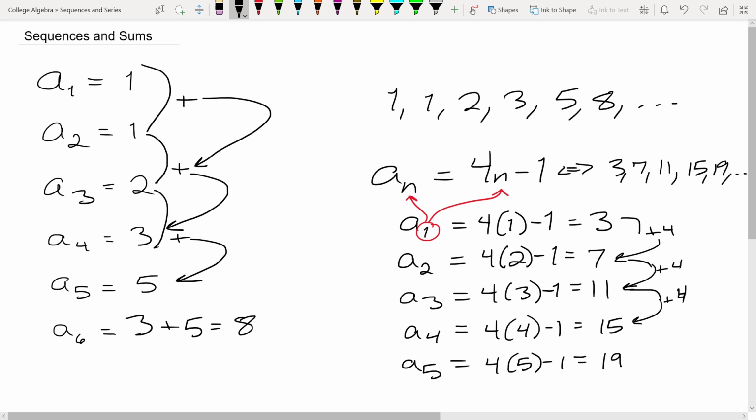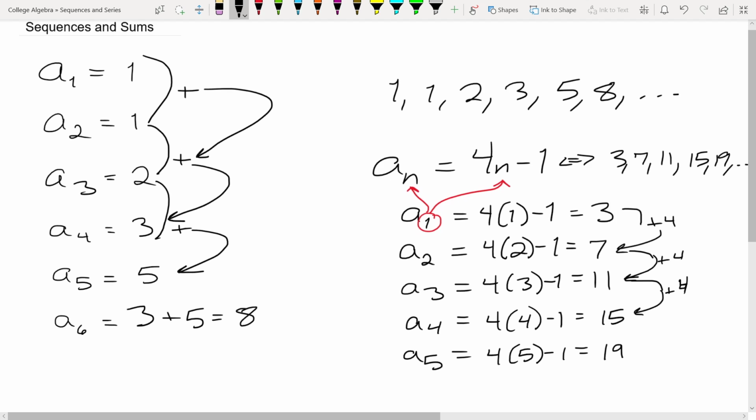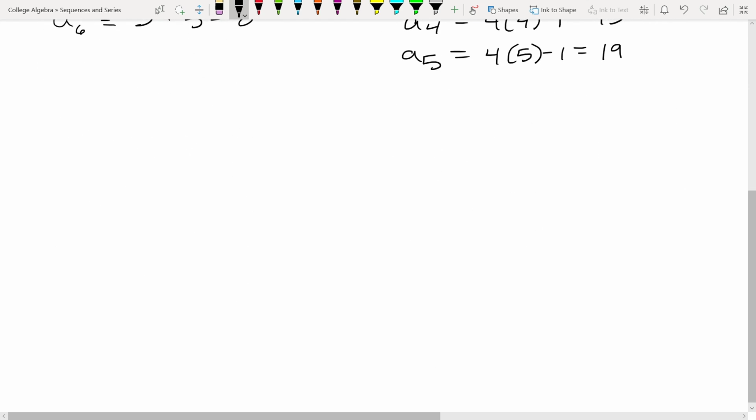Okay, so that's the second way we can write sequences. The last way is kind of the most interesting. It has a number of applications on its own, and it's called recursive. So the recursive sequence is one that uses the previous terms in the sequence to define the next one.